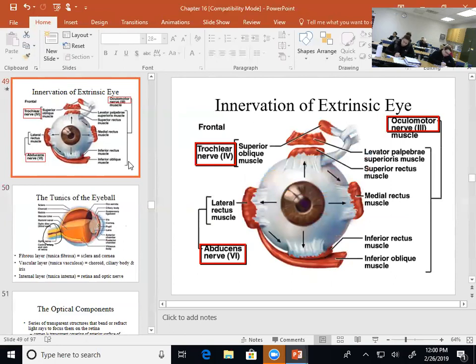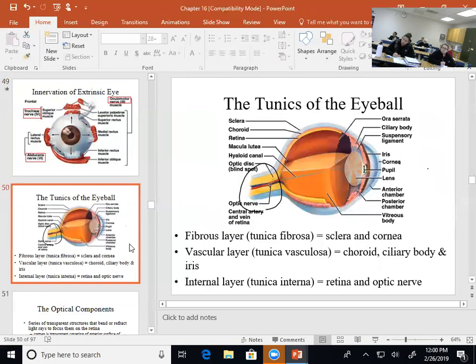That clear, transparent structure that's continuous with the sclera is called the cornea. You're going to try to remove the cornea, which is completely covering the colored part of the eye.